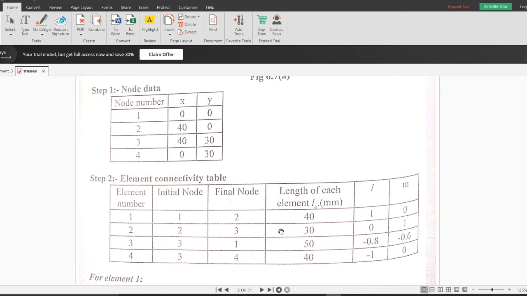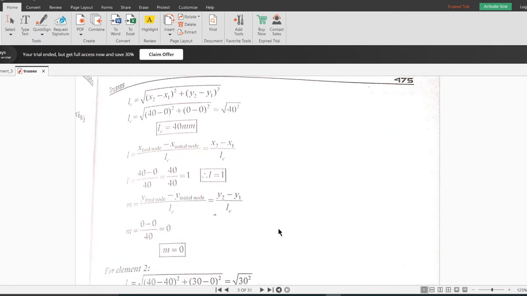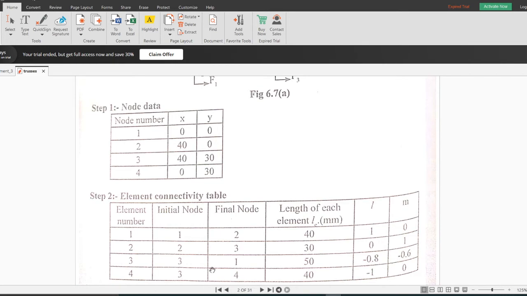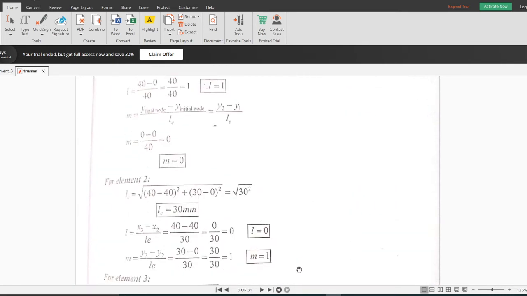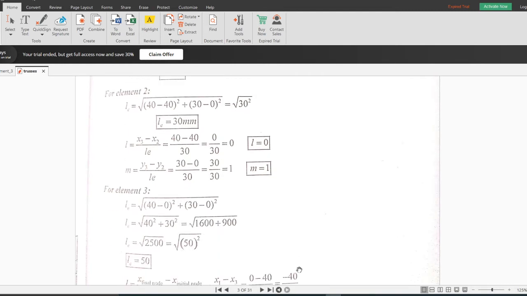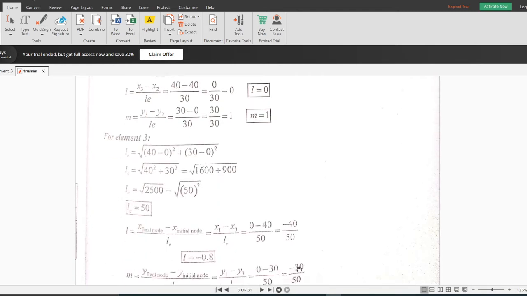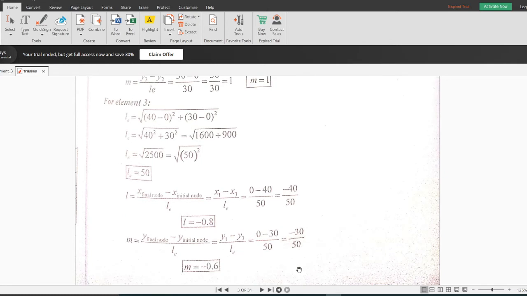Similarly, LE4. Square root of x4 minus x3 whole square plus y4 minus y3 whole square. How much will you get for LE4? 40, sir.